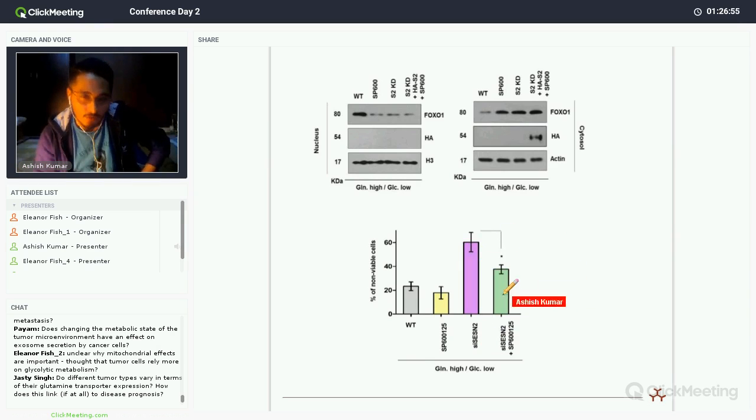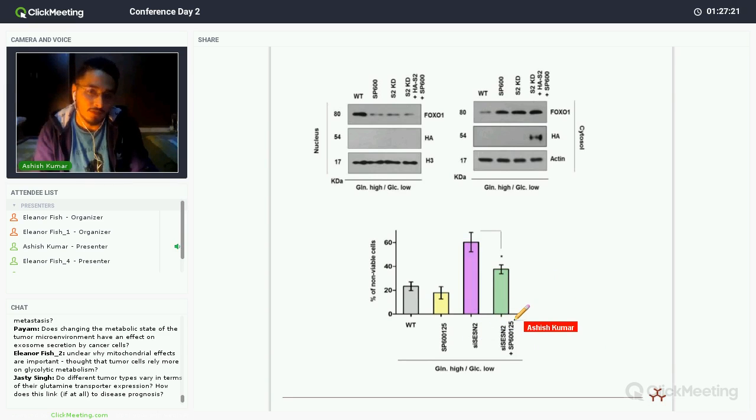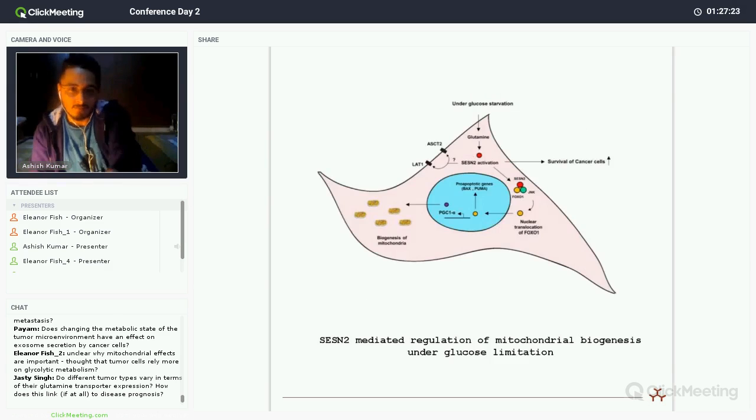While if you suppress the JNK in this case, where we have less Sestrin2, we were able to rescue the cell death. Previously I have shown that Sestrin2 knockdown resulted in more JNK activity, so it could be possible that Sestrin2 is restricting the pro-apoptotic axis of JNK.